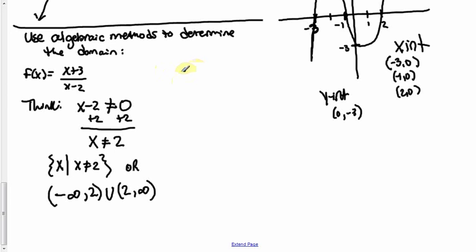If I gave you another one with the same instructions that had a radical in it, so h of t equals the square root of t minus 3. Again, using algebraic methods to determine the domain. Those bells should go off, ding, ding, ding in your head.